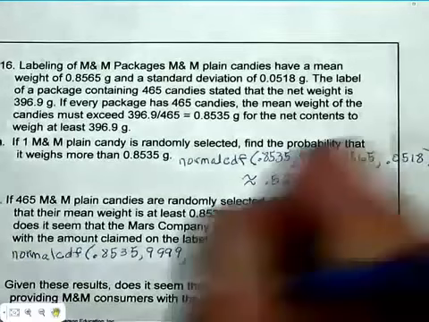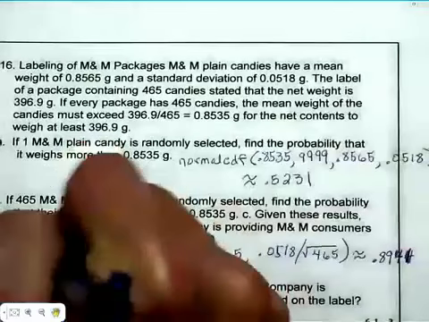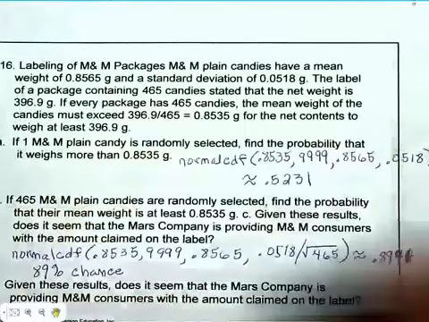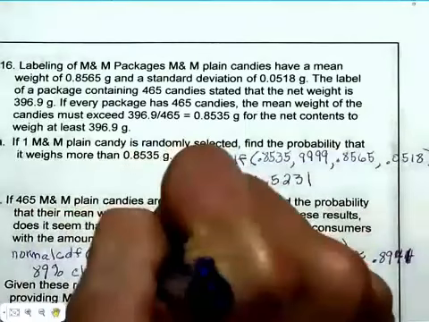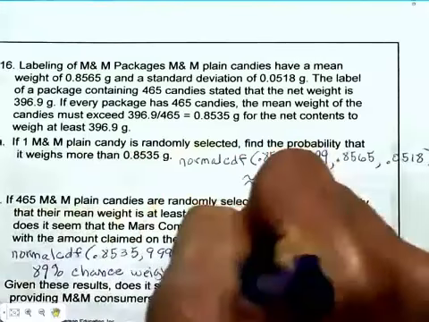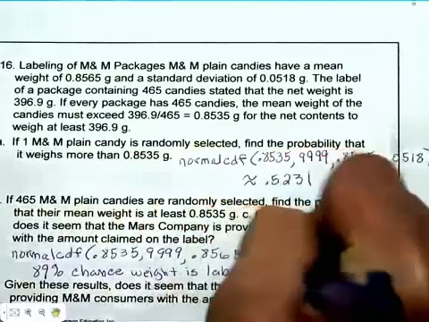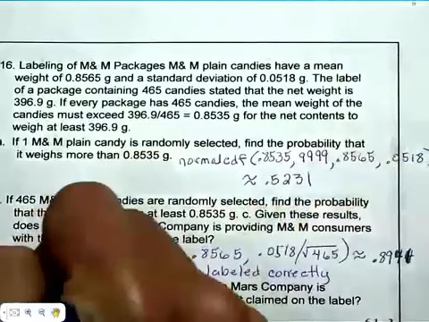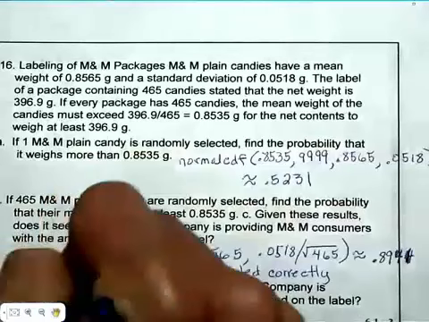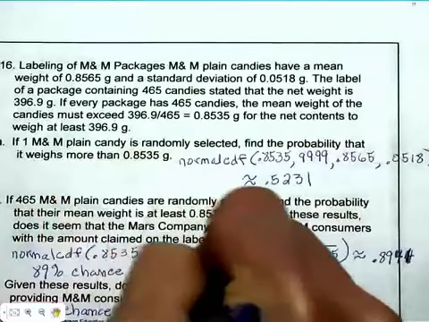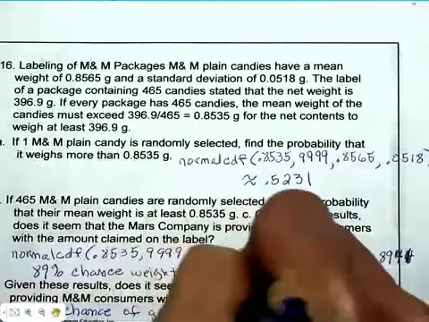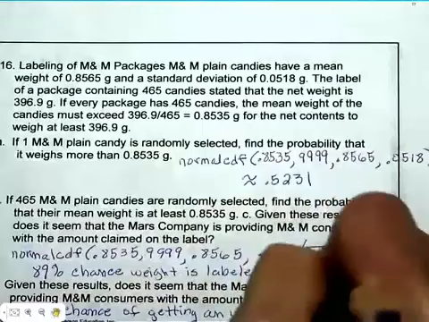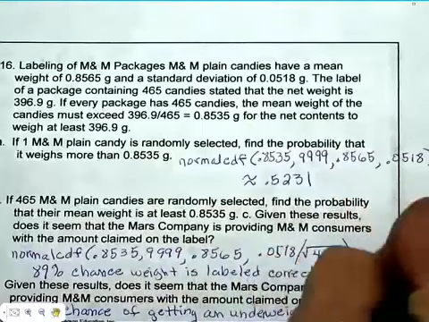I'm going to say 89% chance that the weight is labeled correctly, but there's an 11% chance of getting an underweight bag of M&Ms.